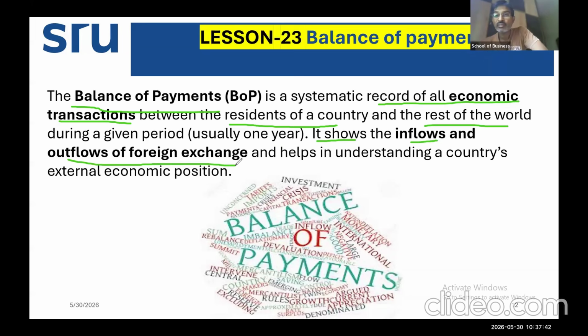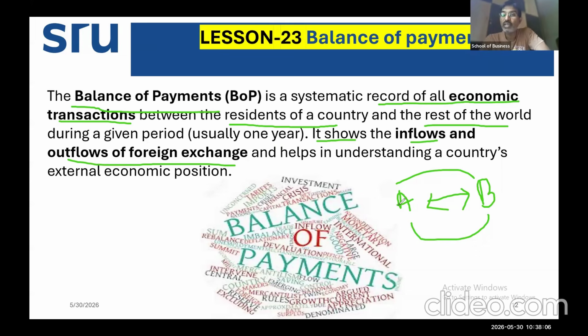So if country A is doing trade with country B, A has a transaction with B and B has a transaction with A. And we consider these transactions as the inflow or outflow of currency.